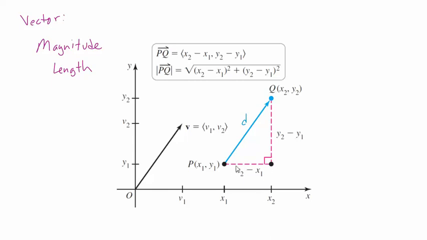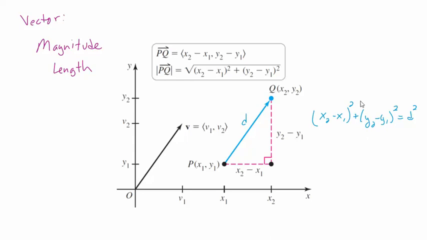So this side of this triangle is x2 minus x1, and the height of this would be y2 minus y1. And if I just do a little Pythagorean theorem here, I would say that x2 minus x1 squared plus y2 minus y1 squared equals d squared.